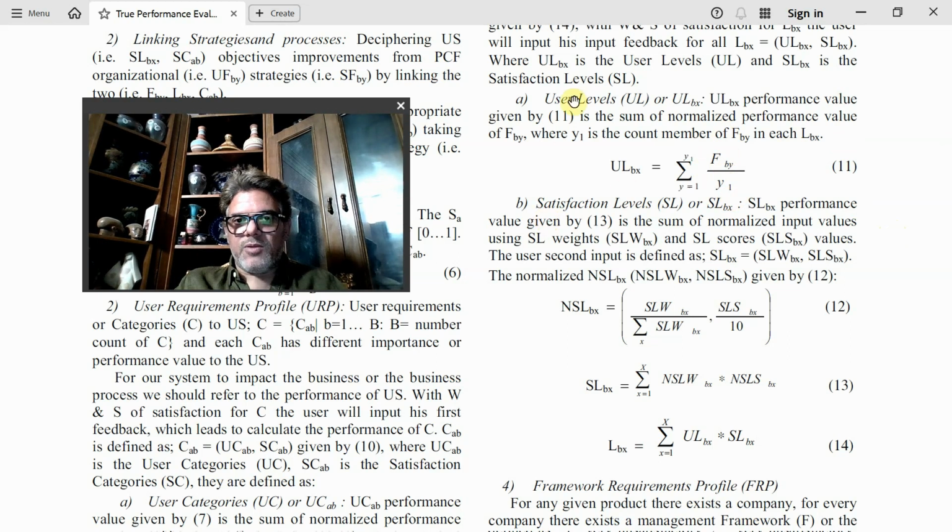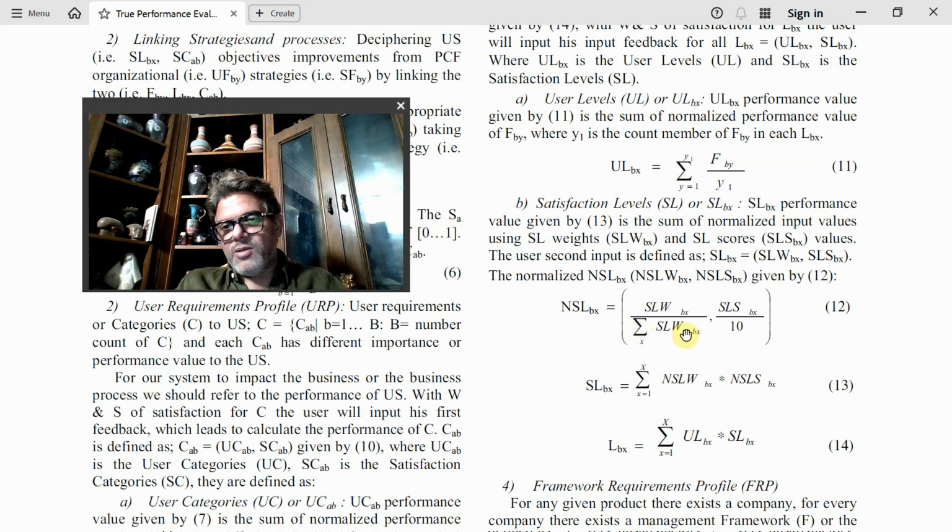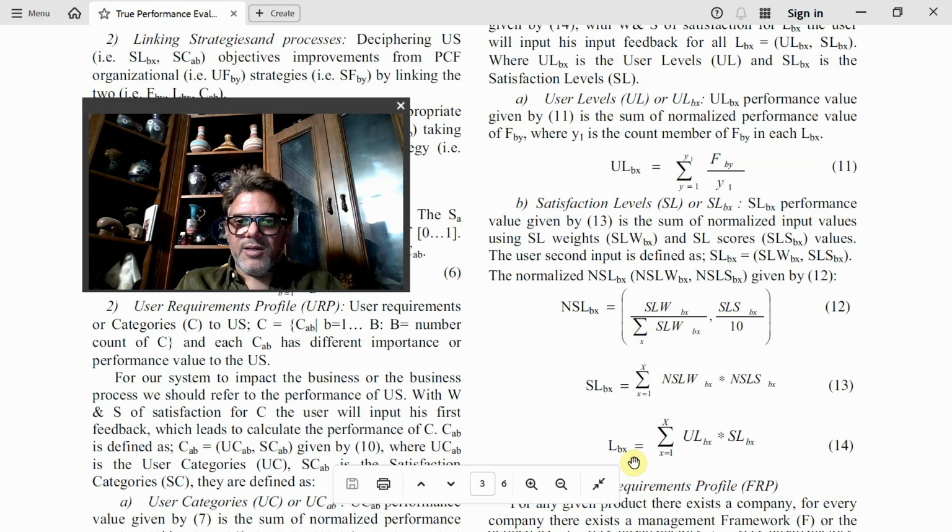So user level, satisfaction levels. Yes, normalized satisfaction level is a satisfaction level weight divided by the sum of it, and satisfaction level scores again is divided by 10. Satisfaction levels, user level and satisfaction levels, and user level.